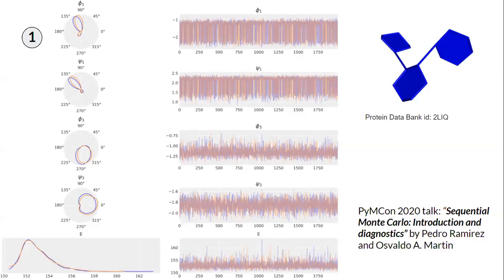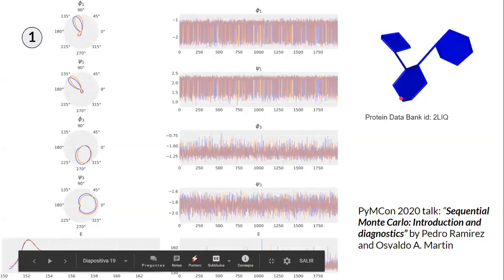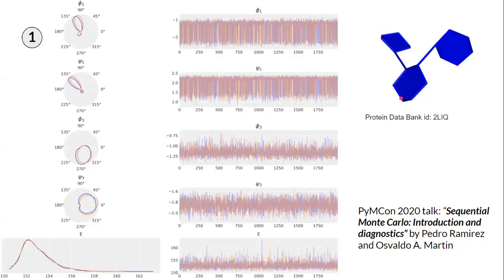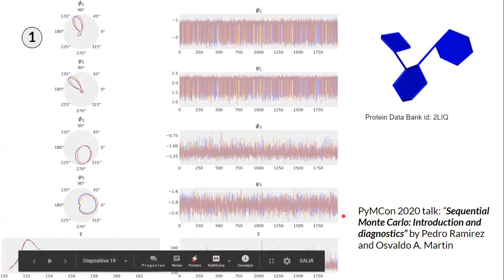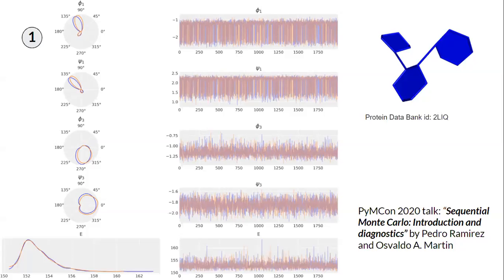We tested this model on a glycan molecule of known structure. In this way, we can validate our model. This glycan has 3 subunits and 4 torsion angles. We can see here the trace plot for a run of model 1, and we have the posterior density of the 4 torsion angles in this molecule, and also an estimate of its energy that derives from the potential.